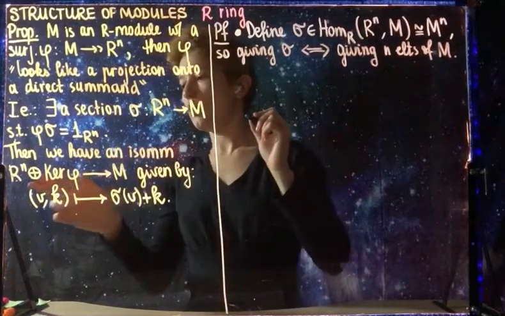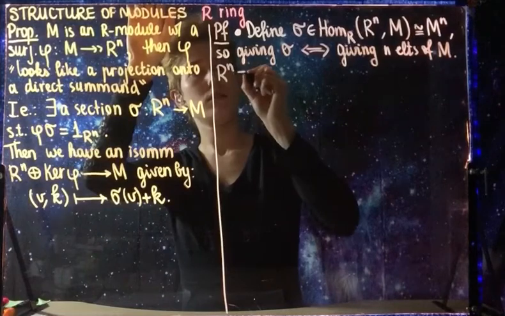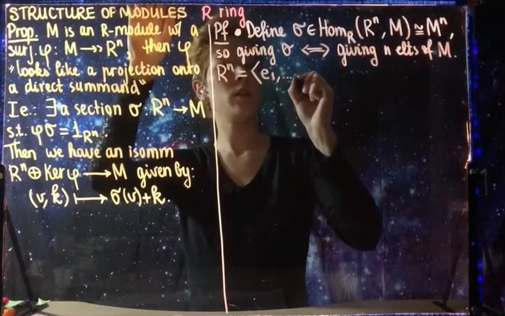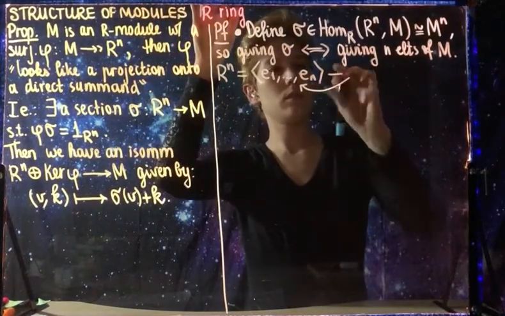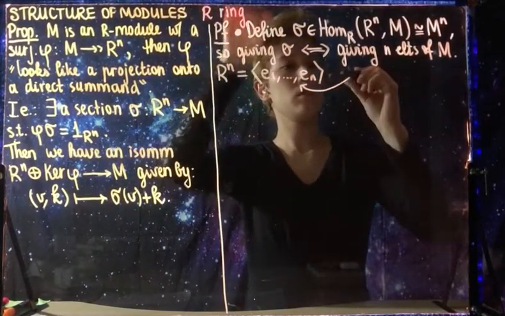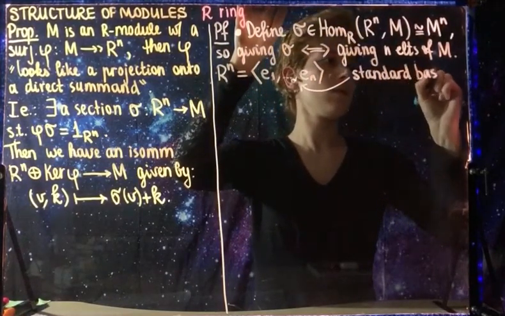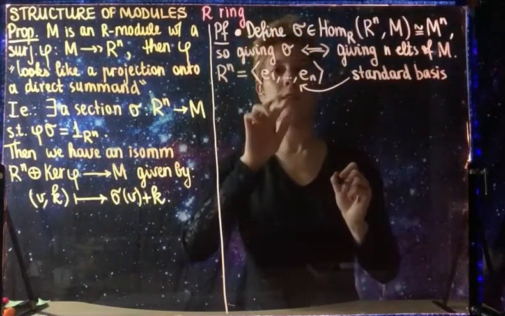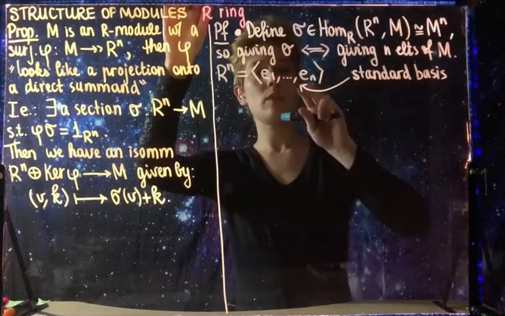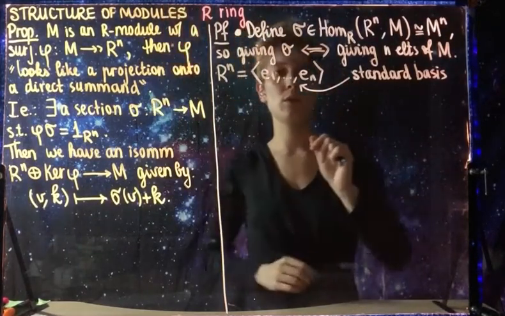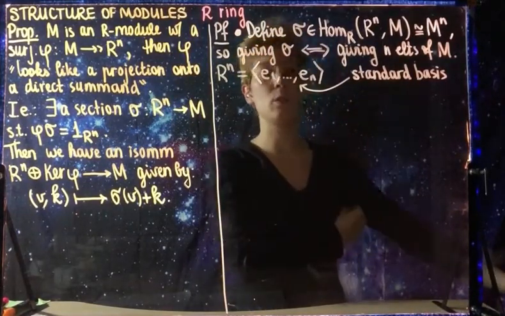And how do we choose these elements? We have a basis for R^n, so it is the span of e1 through en. These are the standard basis vectors, where ei has 1 on the ith place and zeros everywhere else, and I'm just going to use this notation from now on without recalling how standard basis vectors look like.